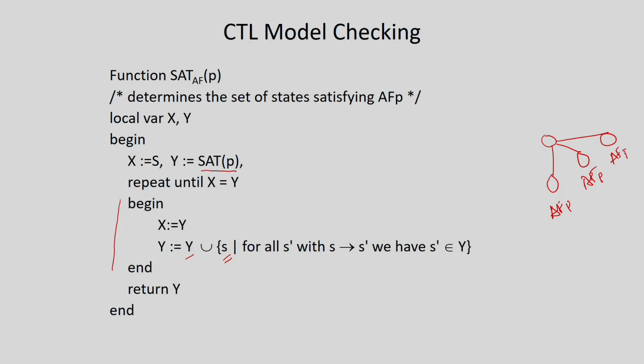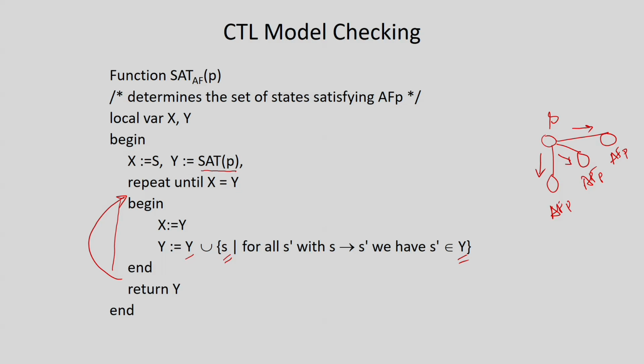Then we check for states that have a transition to some S dash where S dash belongs to Y. That means AFP is already true on that state, and we repeat this loop until X becomes equal to Y.